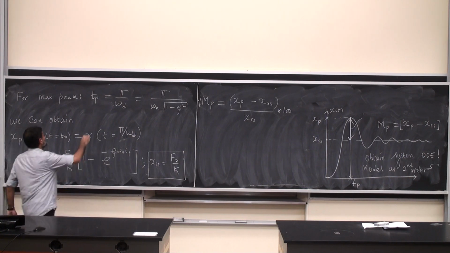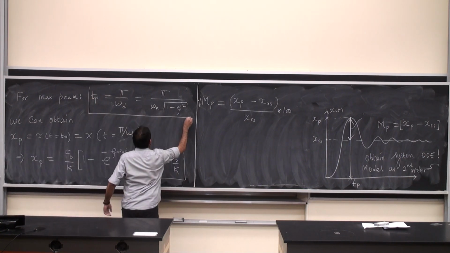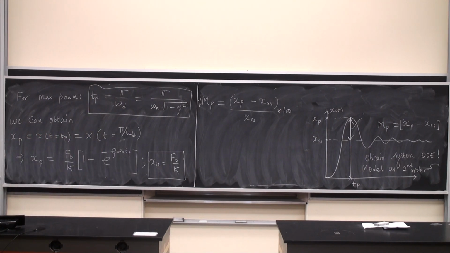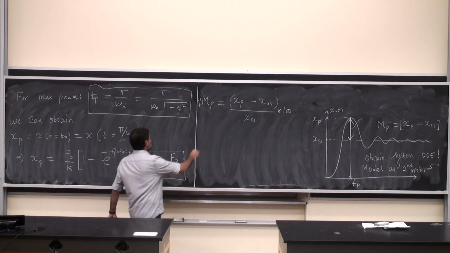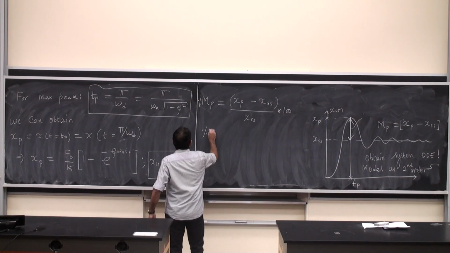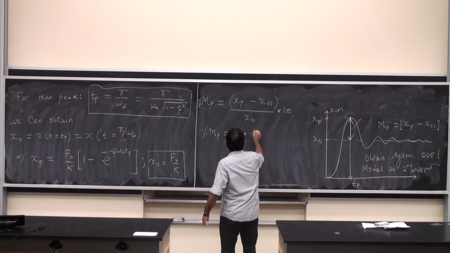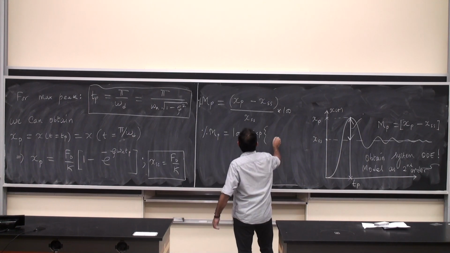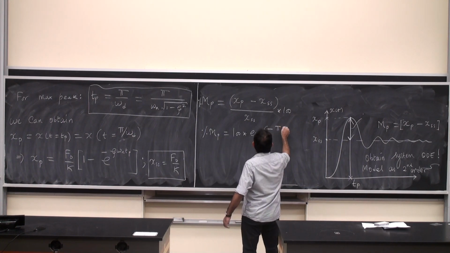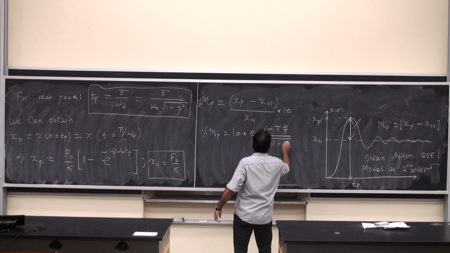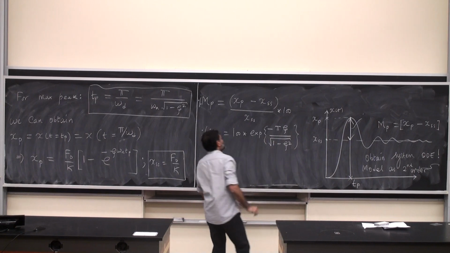The second foundational result is this one. And the third result is the following. Percentage M_P is 100 times exponent of minus pi zeta by square root of 1 minus zeta squared. How do you get this?